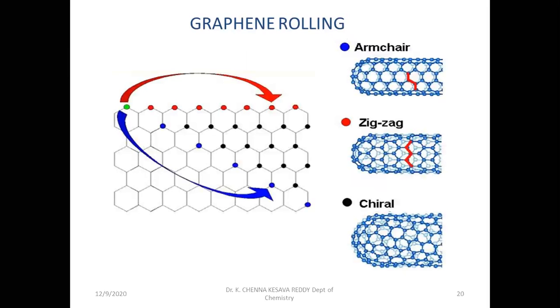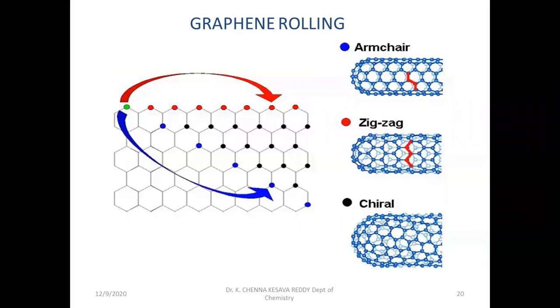Graphene rolling happens in three ways. Based on the rolling, we can classify the carbon nanotubes into three types: armchair, zigzag, and chiral carbon nanotube. Now, in the three methods, we have synthesized the carbon nanotube. Which type of carbon nanotube will form?